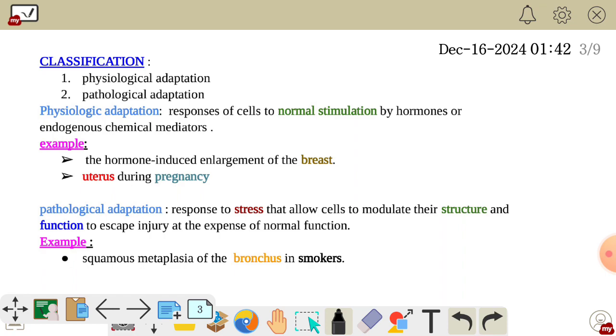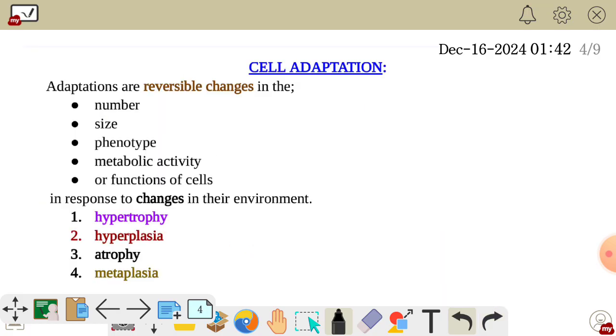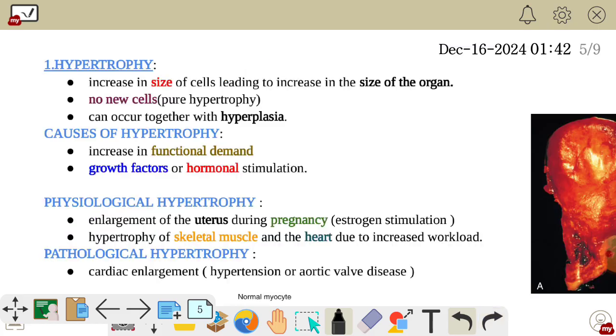Okay, so now let's look at the four forms or types of adaptation in great detail. So the first one is hypertrophy. So hypertrophy, this term, we can separate it into two. We have the first term there, which is hyper, and we also have trophy. So hyper means increase or high.